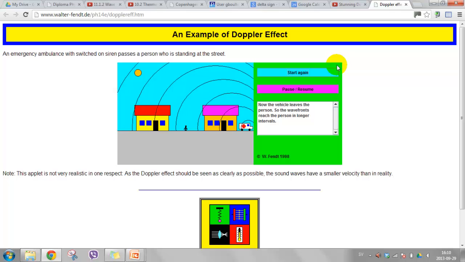On recession, there's a much lower frequency observed by the observer.